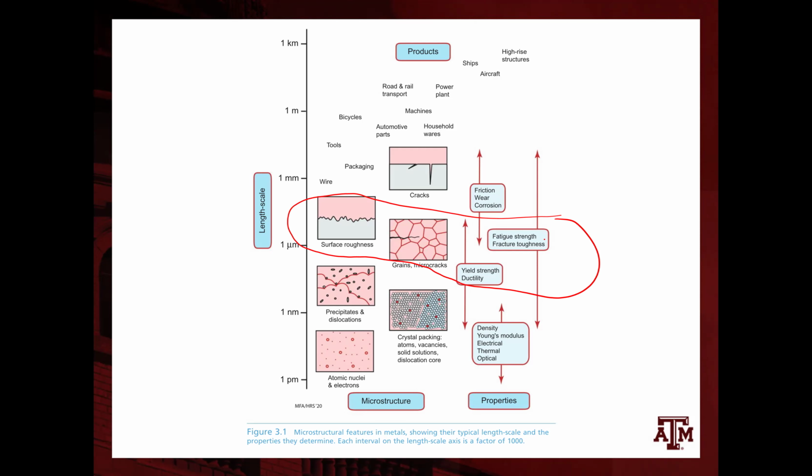And those features, as we will discuss later, are what limit the performance of the material, because they directly impact its physical properties, right? We're going to discuss, as part of the fundamentals, how we establish this connection between structure and property.